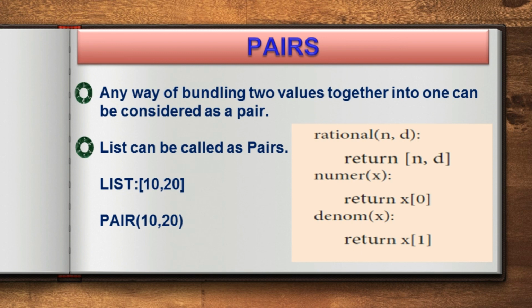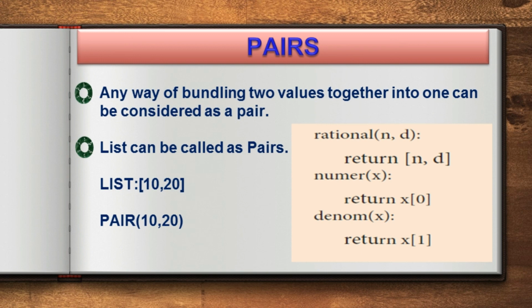Representing rational numbers using a list. Now we can represent rational numbers as a pair of two integers in pseudocode, that is, numerator and denominator. Rational of n, d: here n is for numerator, d for denominator. So it just returns [n, d], the collection of elements enclosed by square brackets.